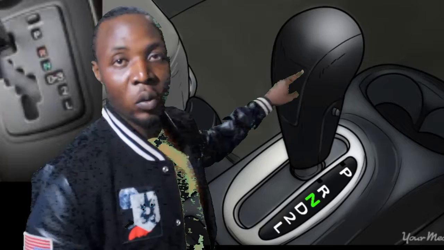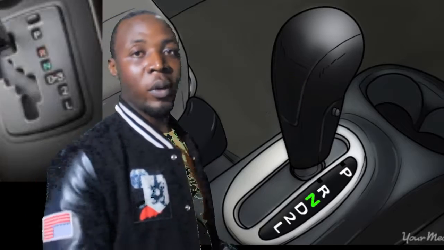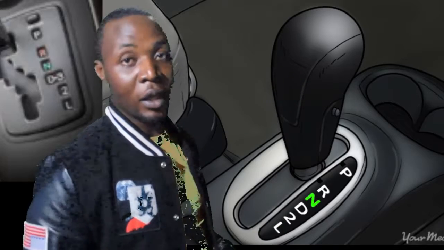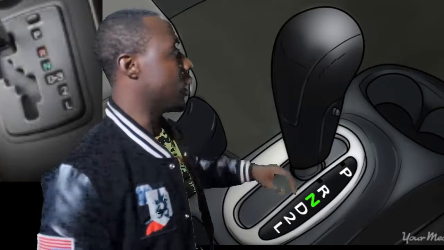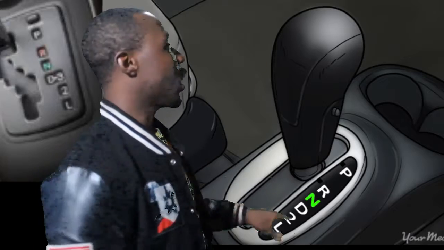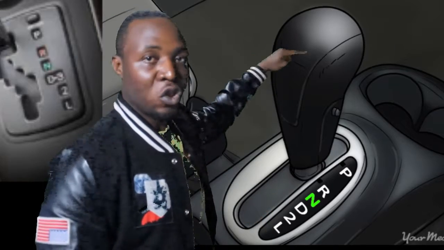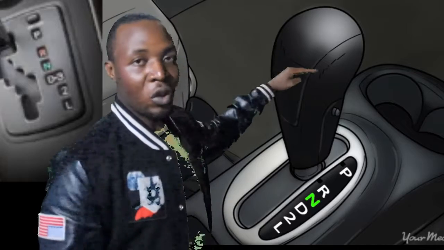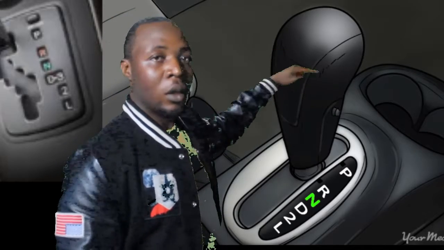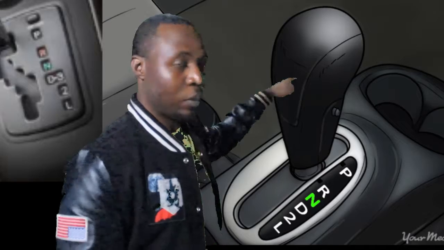And if you are parking and the selector is not at P, you will not be able to remove the key from the key switch. So you should always make sure that when parking and when starting, the selector is at the position of P.